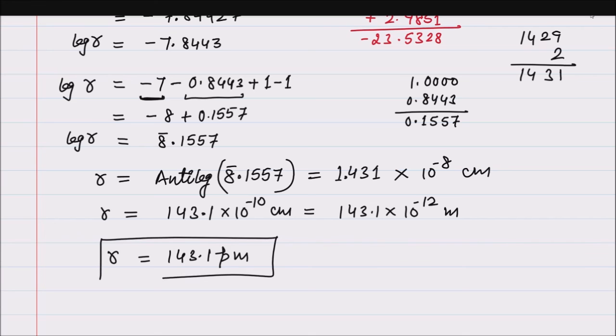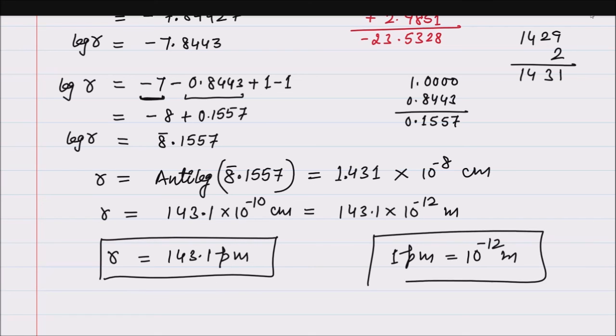So that is the answer. Because 1 picometer is equal to 10 raised to power minus 12 meter, and 1 centimeter is equal to 10 raised to power minus 2 meter. Am I right? So that's it. This is the answer.